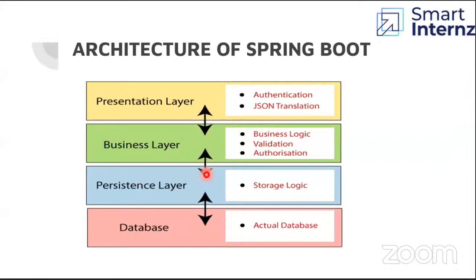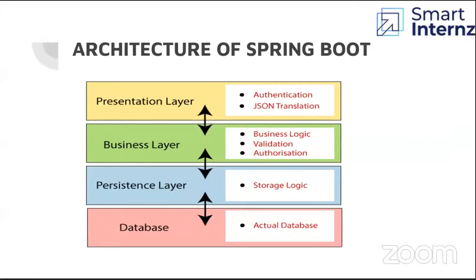I hope you can see the bidirectional arrows, right? So here the database can communicate with the persistence layer, but it cannot communicate with the business or presentation layer. Similar is the case with all these layers. The business layer can communicate with the presentation layer as well as the persistence layer, and the persistence layer can communicate with the business layer as well as the database layer.